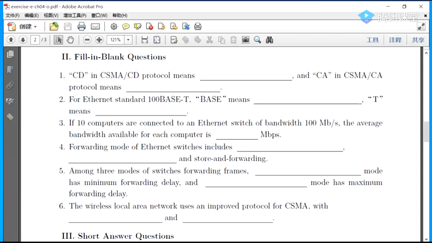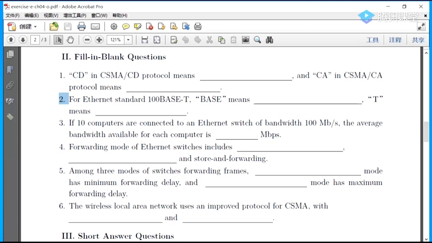Question 1. CD in the CSMA/CD protocol means collision detection, and the CA in CSMA/CA means collision avoidance. Question 2.